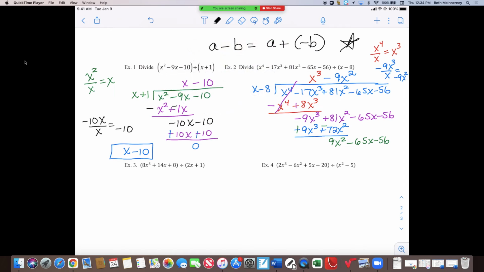All right, now I'm going to take that first term, 9x squared over x, and I get 9x. So I put it up at the top and make sure you put a positive because that means addition between those terms. Then I'm going to distribute and I get 9x squared minus 72x.